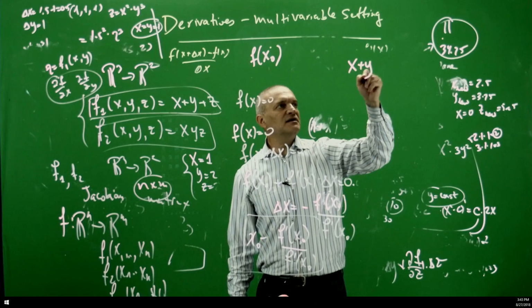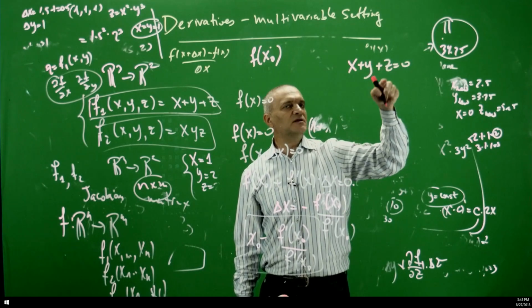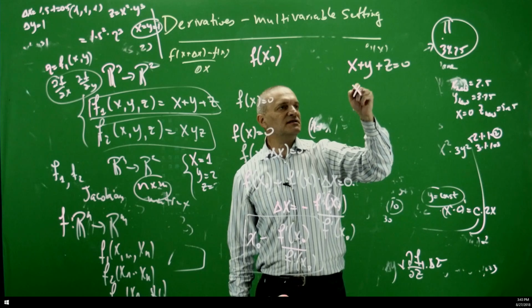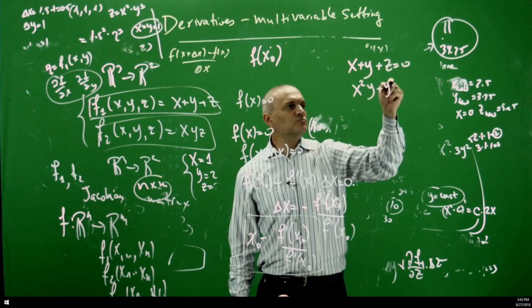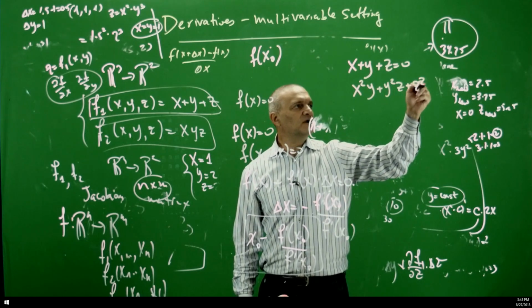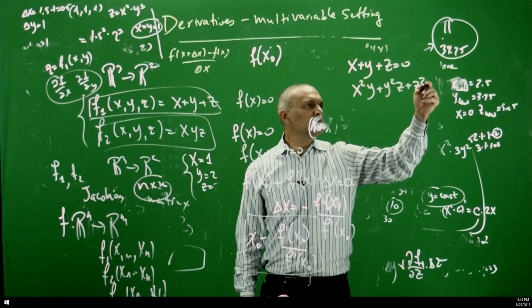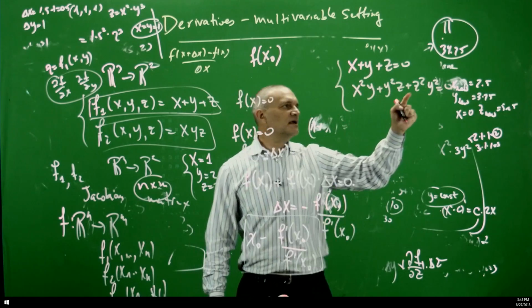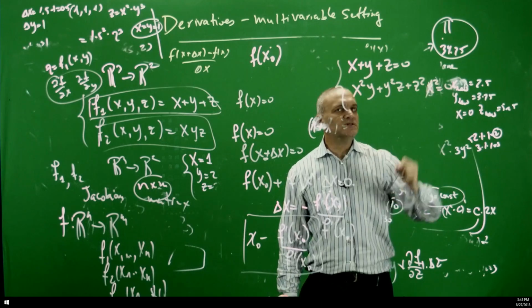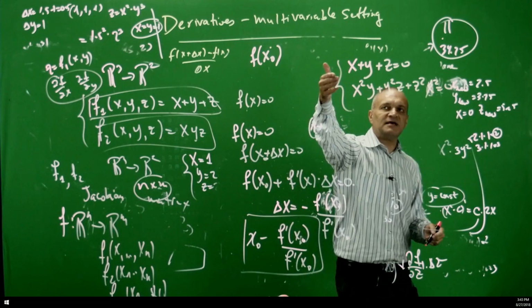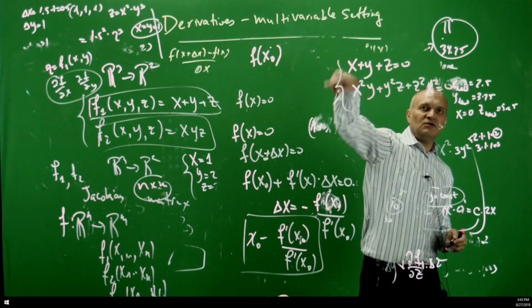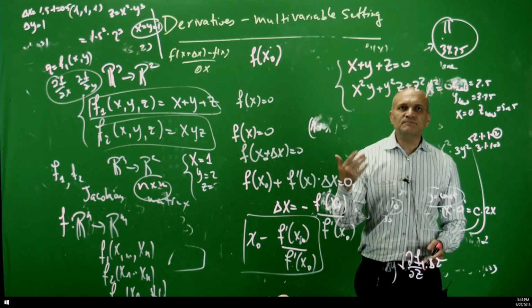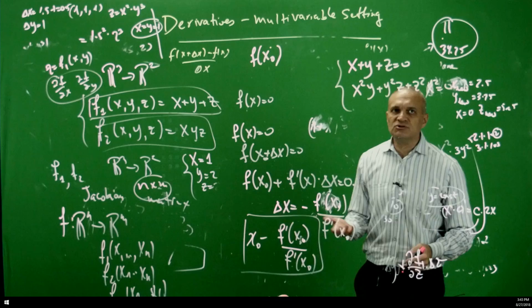You want to find all the points such that x, y, z equals 0, and then you also want, for example, x squared y plus y squared z plus z squared x equals 0, something like that, right? You have a more complicated setup, not just linear equations. You have nonlinear equations.